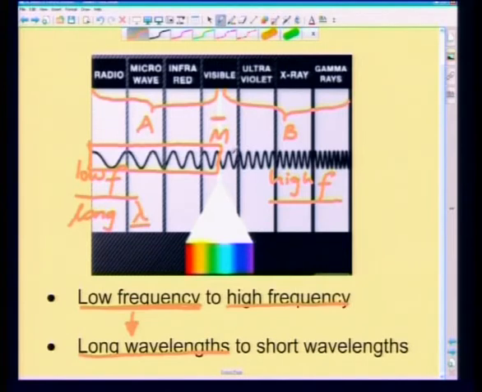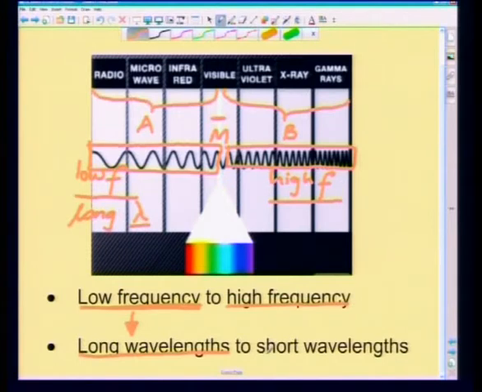And from this point here, going that way, you can see that the crests and troughs are bunching onto each other, and they're so close to each other, and that's an indication for high frequency.